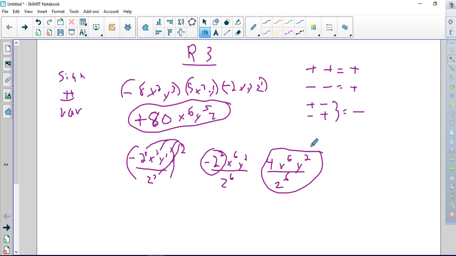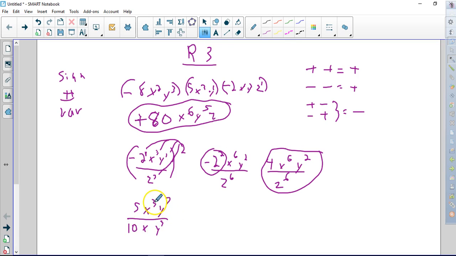Now, if I would have something like this, where I have 5x cubed y to the 7th over 10x to the 5th y to the 3rd.